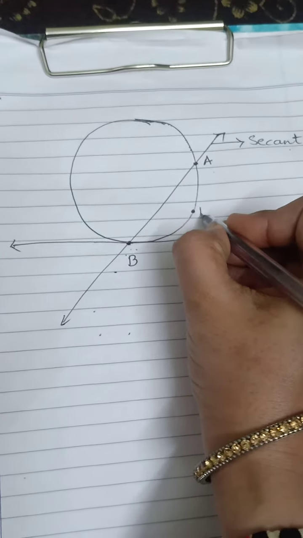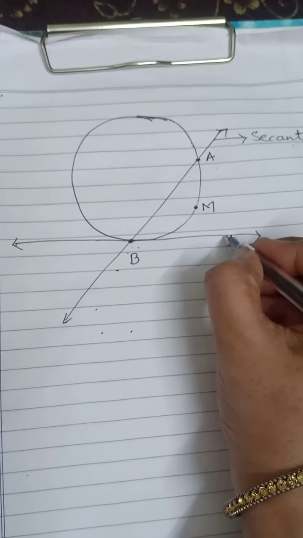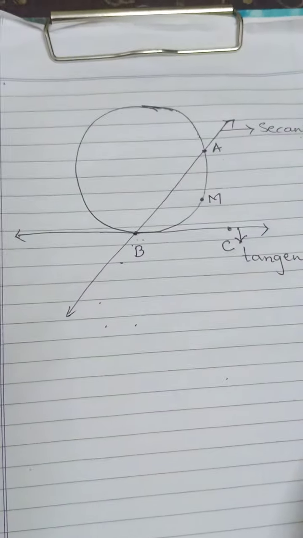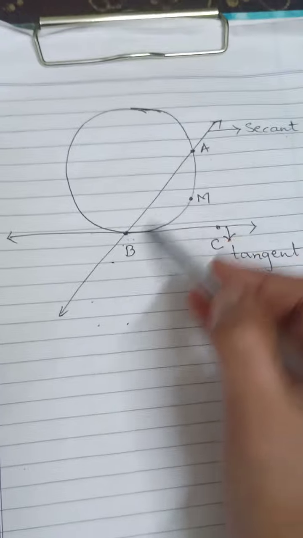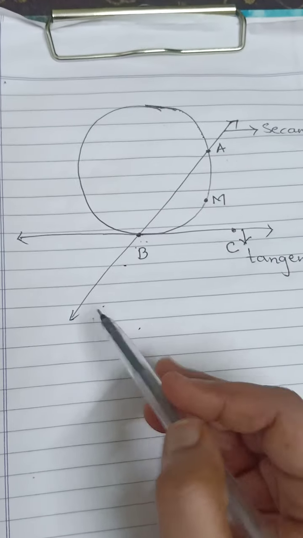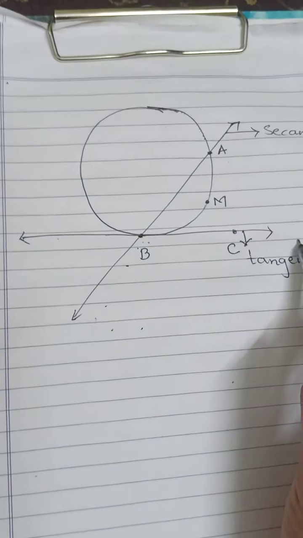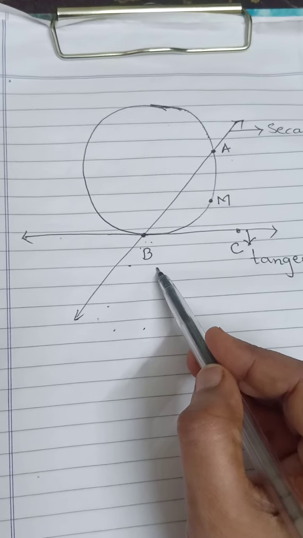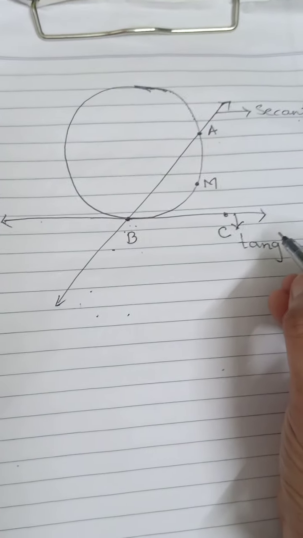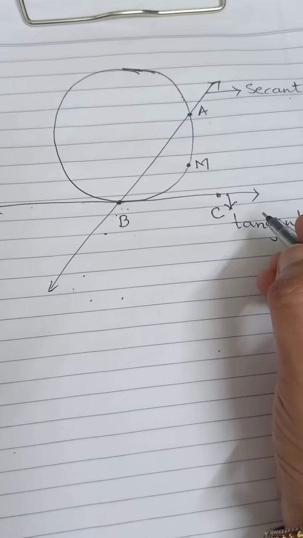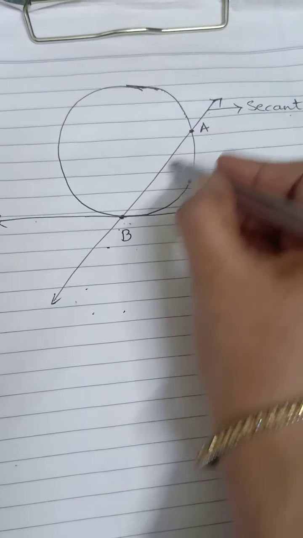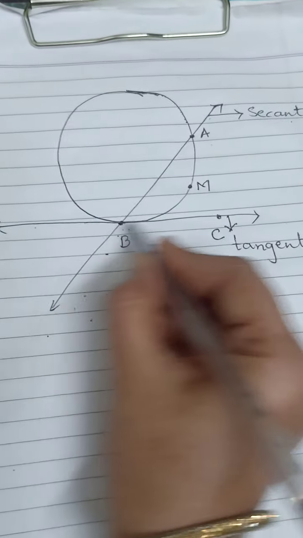Somewhere here I will take point M and here I will take point C. So line AB is a secant of the circle. Line BC is a tangent of the circle. Now one angle is formed between this line AB and line BC.